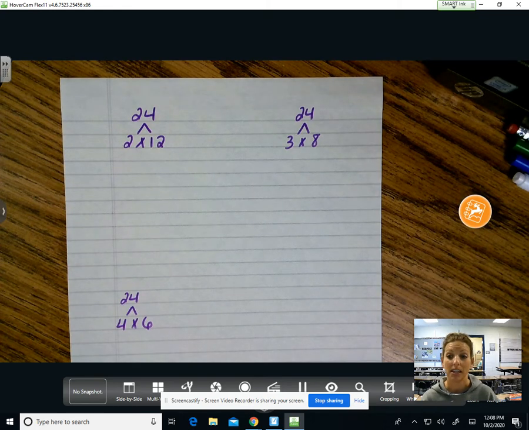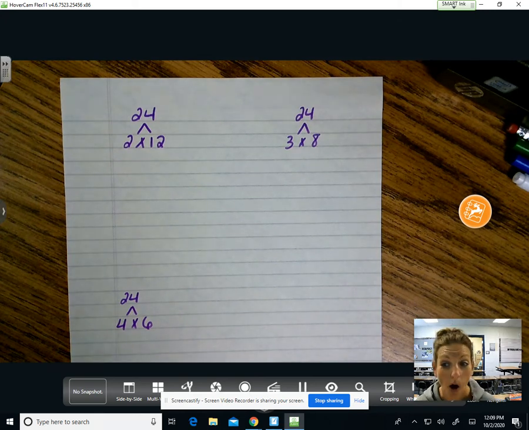And pause the video, grab a piece of scrap paper and a pencil or marker like I'm using, colored pencil, whatever you have to write with, and take some time, work it out, just one of these ways. And then when you're ready, hit play. And I'm going to work these problems out, and then you can check and see how you did. So for real, do this. Pause the video.